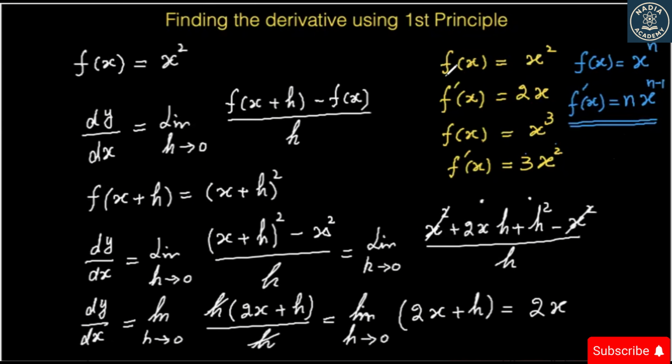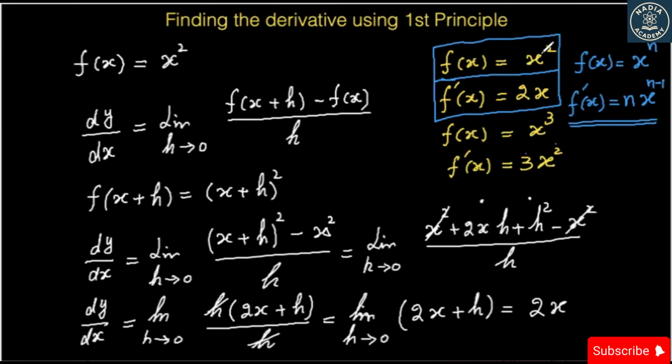For example, our very first function, x square, is a quadratic function. The derivative of a quadratic function here is linear because it is 2x. The derivative of x square is 2x.